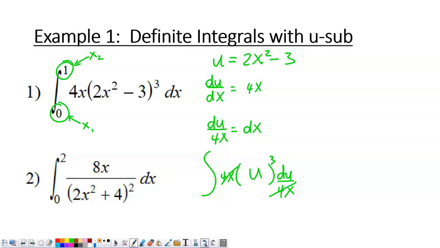And so how do you do it? And this is the key step. Okay, so I would make this little note. For definite integrals, we need to change the limits also.